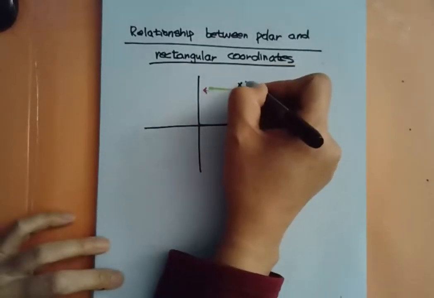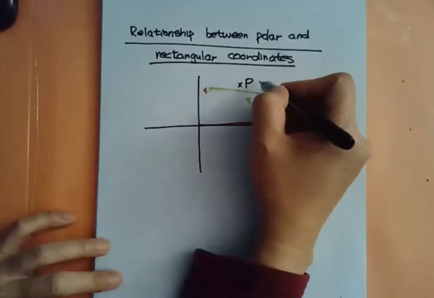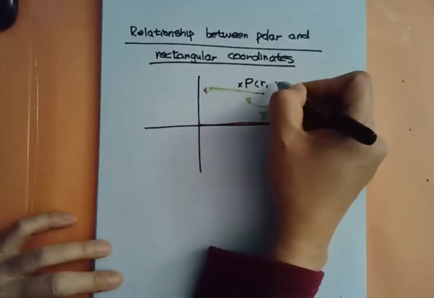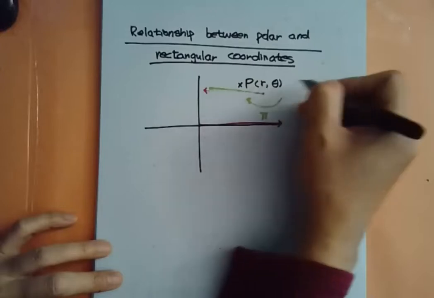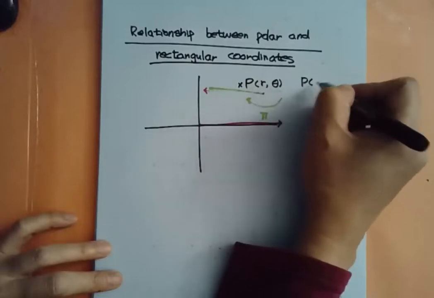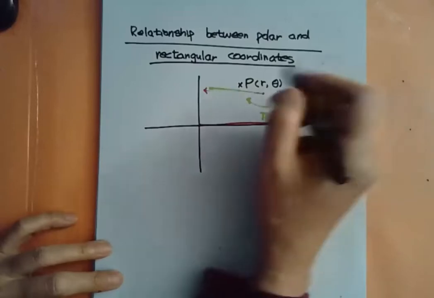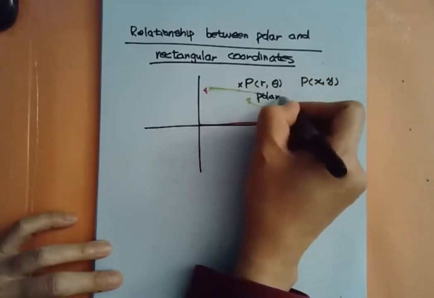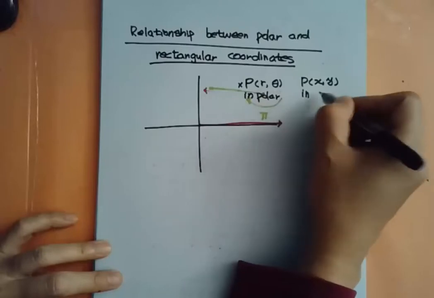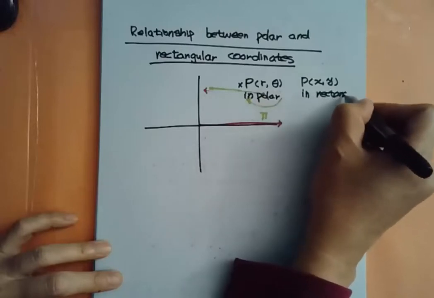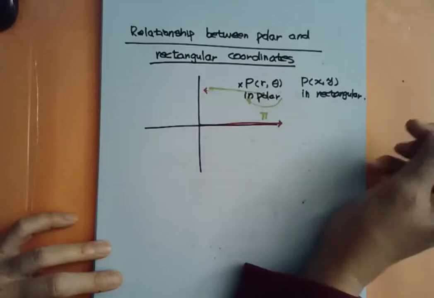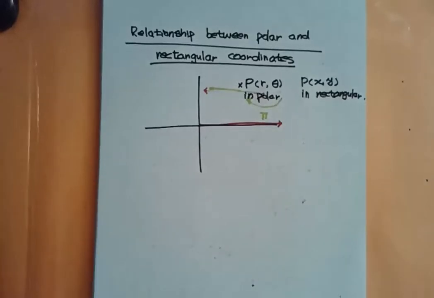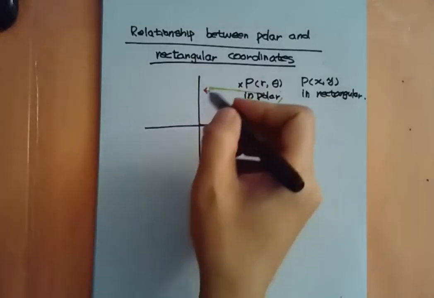So we have a point here. In polar coordinate, that is expressed as r and theta, and in rectangular coordinate, that is expressed as x and y. The question we are dealing with is how to convert polar to rectangular and rectangular to polar.